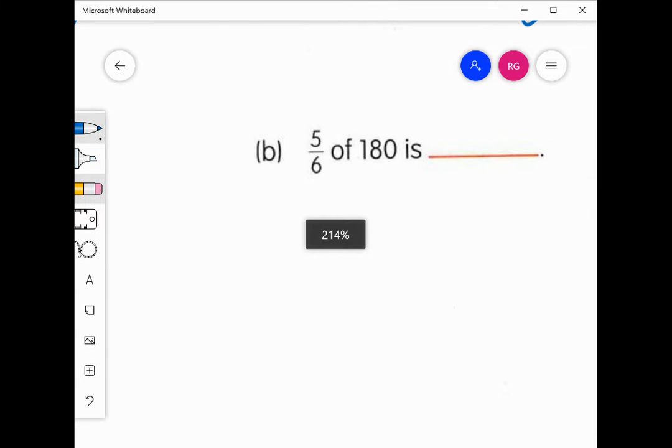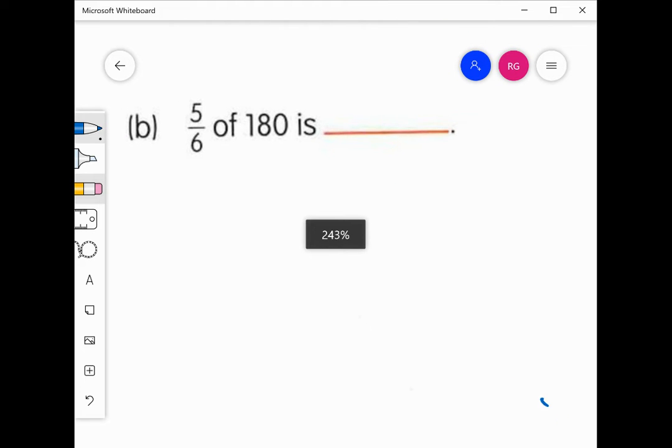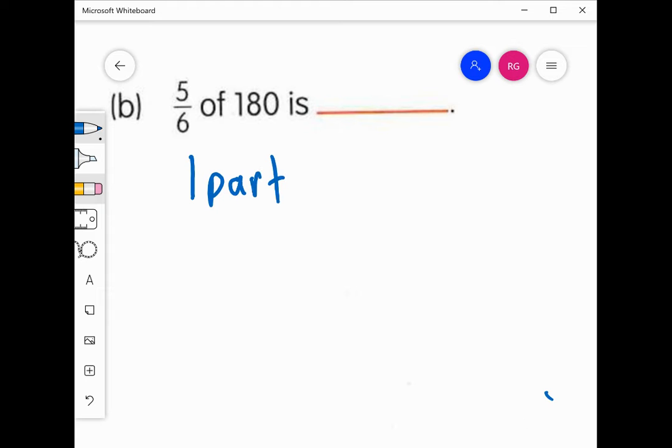For this next one, for B, it says 5/6 of 180 is what? Well, I can think of each part. So one part should equal 180 divided by 6. Okay, so then each part should equal 30.